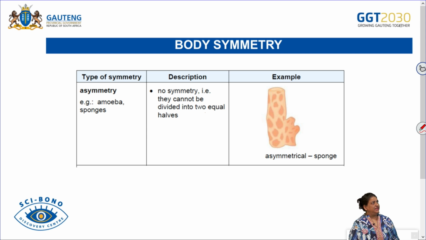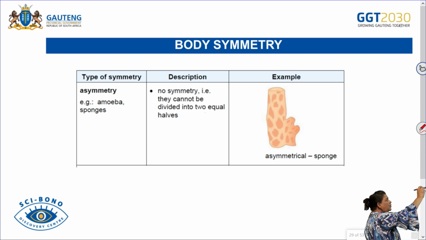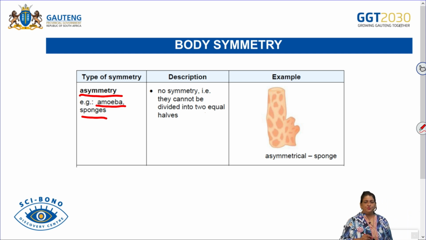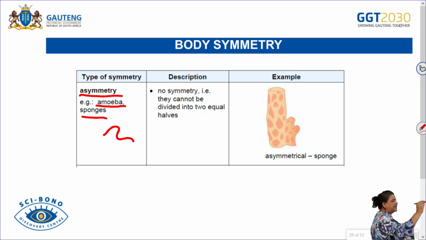Right, body symmetry. Ne? So you find an organism that is actually asymmetrical here is your amoeba, your sponges, it got no symmetry. So basically your Porifera, or your amoeba, which is a Protista, your amoeba is always changing its shape, and amoeba actually looks like this.